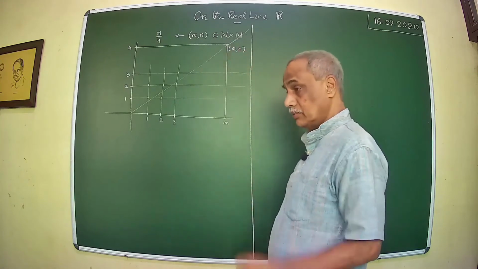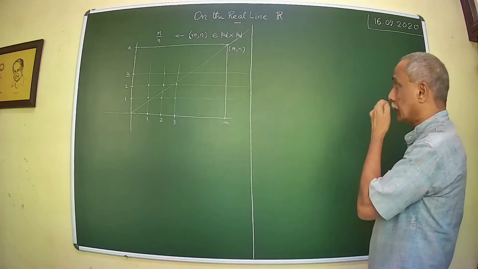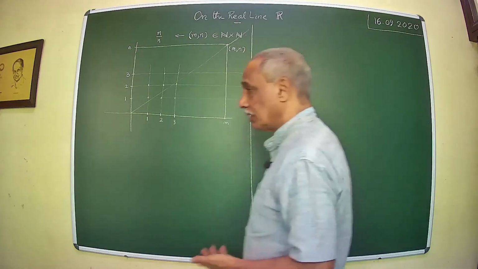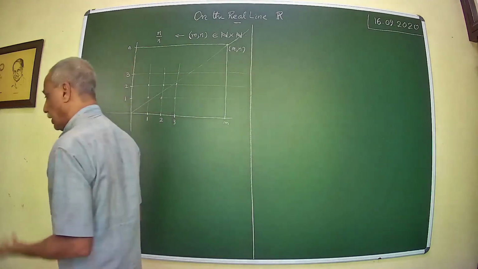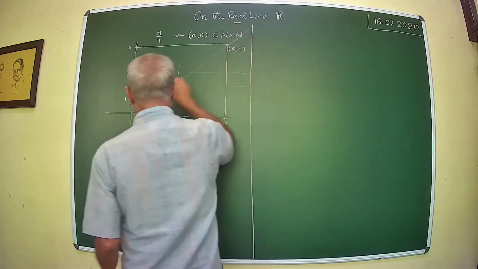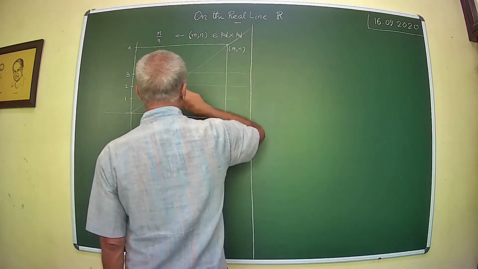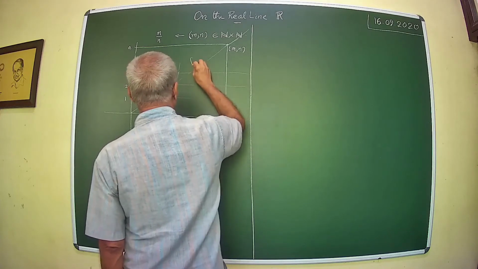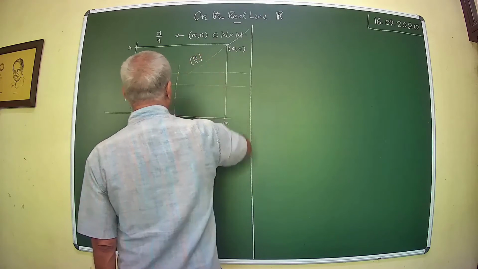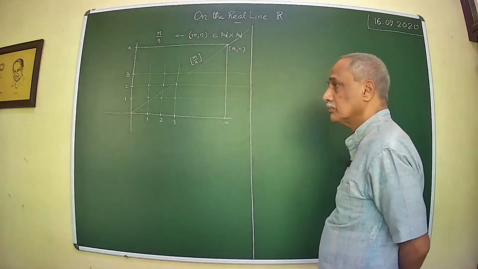There are several because m, n is there. Then you see that Km, Kn is also there for every K. So they all lie on that line. So this particular line, or the lattice points lying on this line, is identified with the rational number m by n. Okay.